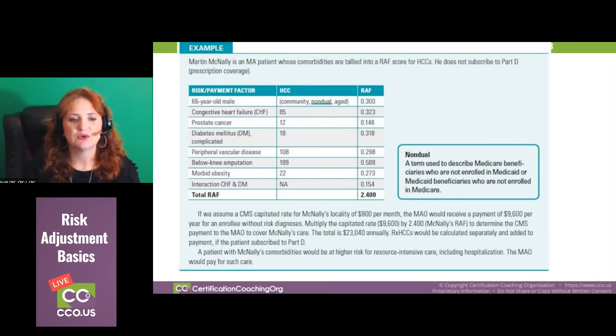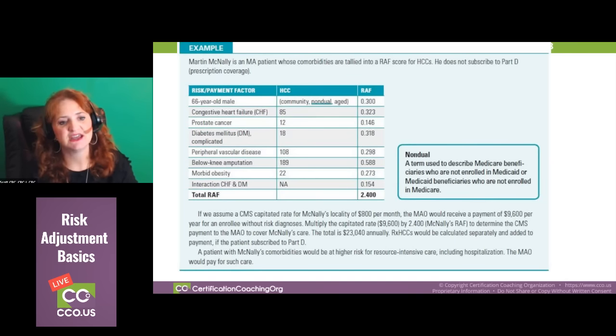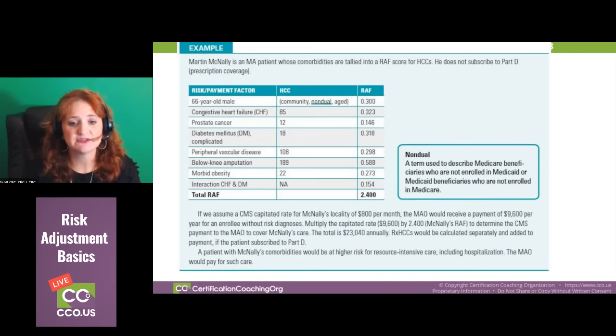And they're showing you a RAF score of a 66-year-old male. We have CHF, prostate cancer, diabetes, complicated, which is different than uncomplicated, PVD, he's got a BKA, and he's morbidly obese, and he has interactions with his CHF and DM.